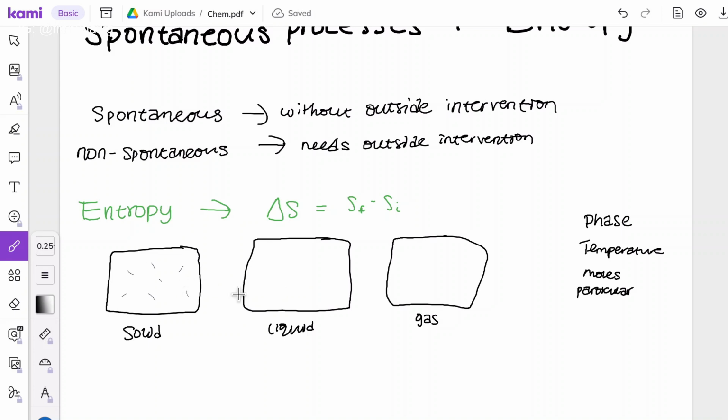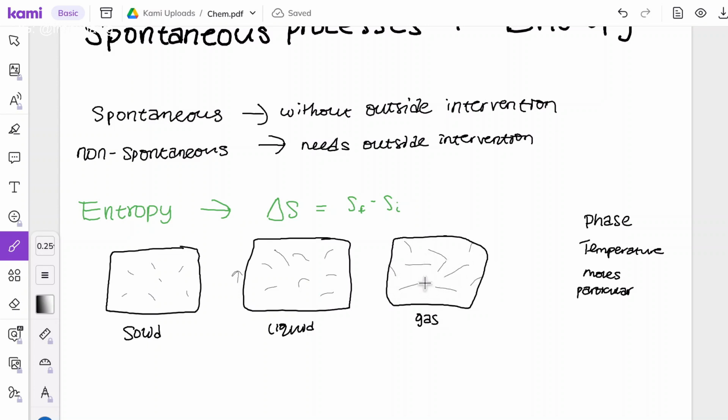But then when these solids become liquids, they start to move around more. Like imagine ice. Ice doesn't really move around, but when you heat it up, the particles start moving around. They start getting quicker. The kinetic energy increases and the particles start moving more in the liquid phase. And then finally, when it becomes a gas, the velocity of the particles becomes even greater.